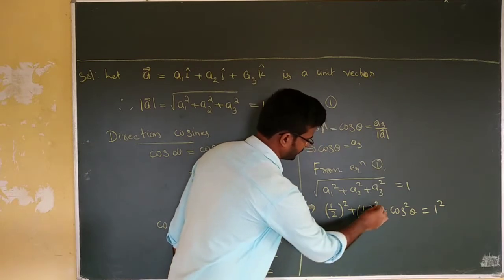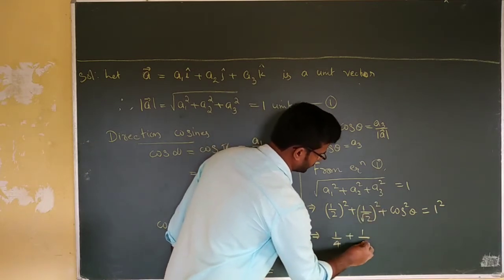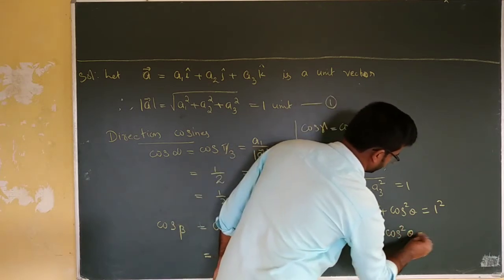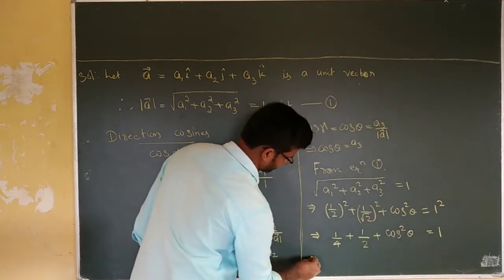Plus 1 by root 2 square will be 1 by 2, plus cos square theta equal to 1 square, which is 1.